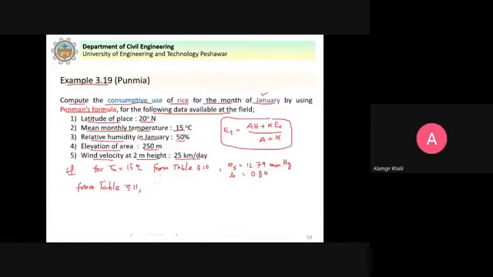So this value we pick from the table, that is RA, equal to 10.8 millimeter of water per day.